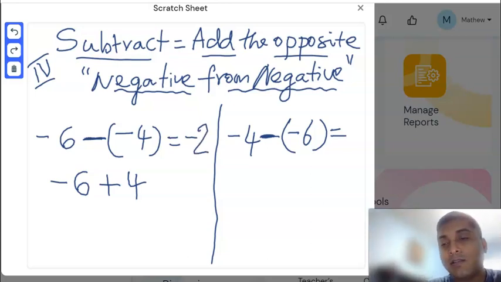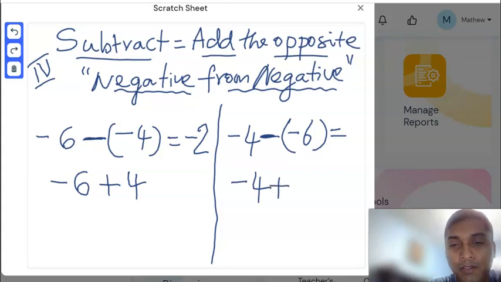Now this is the same thing, subtracting a negative from a negative. For example, you are subtracting -6 from -4. So you just do the same thing: -4 plus, you add the opposite, -4 plus 6. Now what happens here, taking the difference between the absolute values, and what sign the bigger absolute value has, same rule of adding integers, but you get the answer as +2.